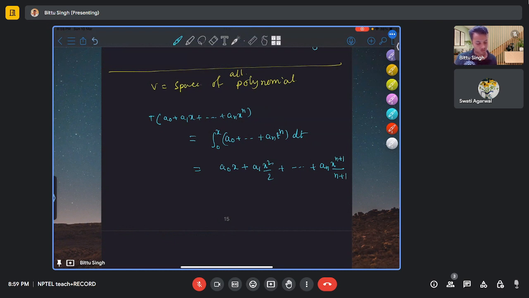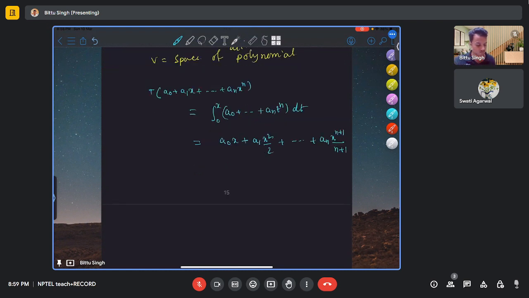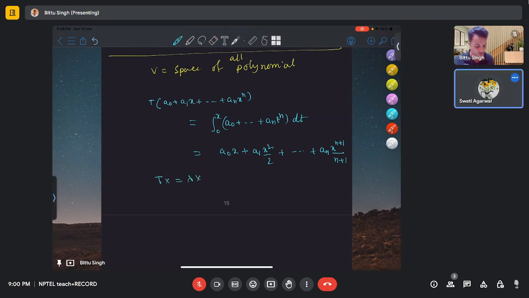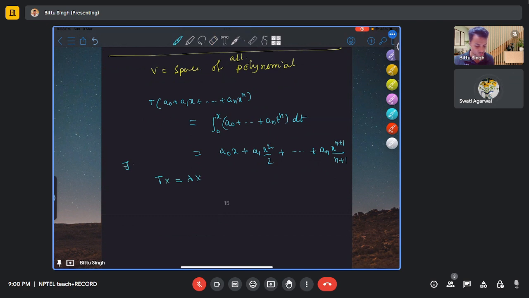So from here you can see that there is no x such that Tx equals lambda x, right? There is no lambda such that this holds for some non-zero x.